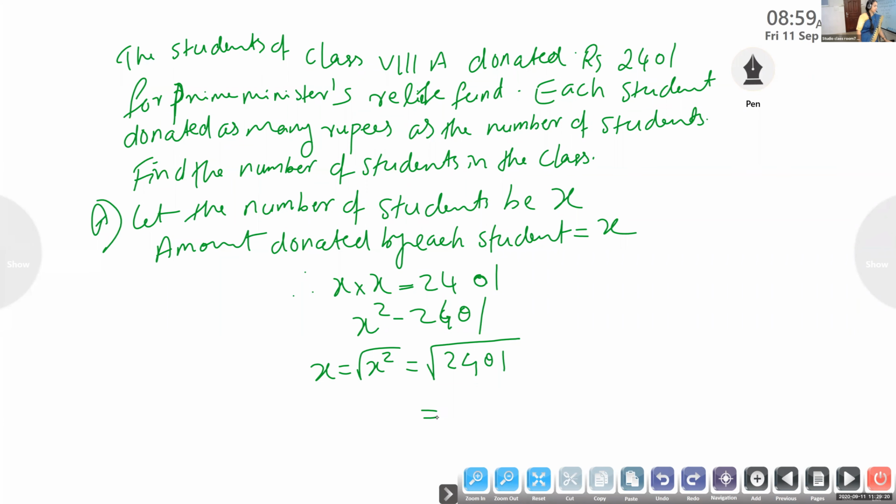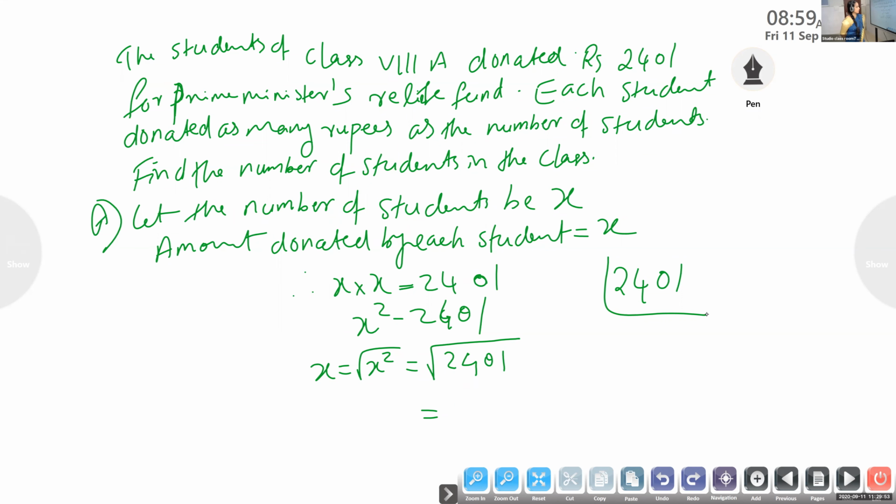Prime factorize 2401 and find its root. Next class, we are going to study how we can find the root not by prime factorization but by some other, easier method.